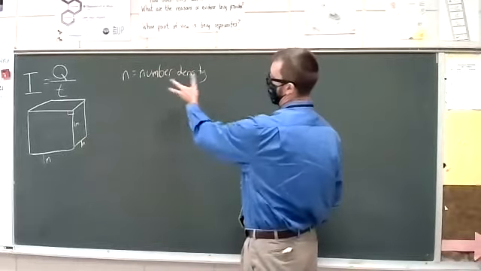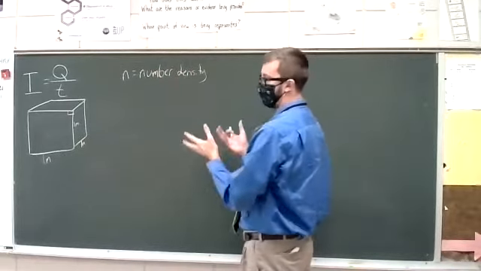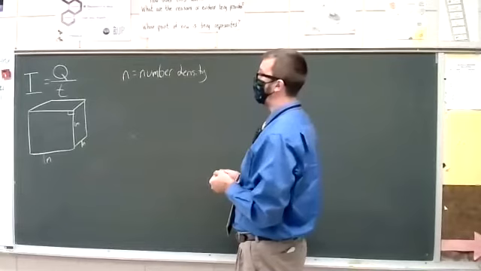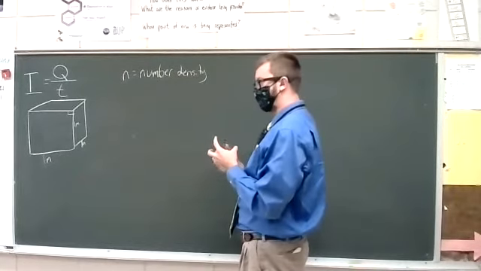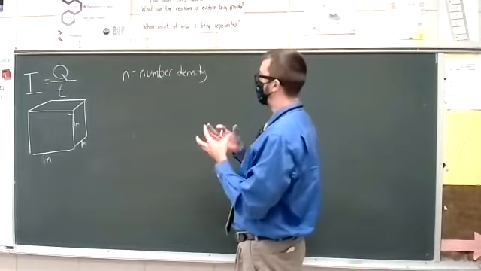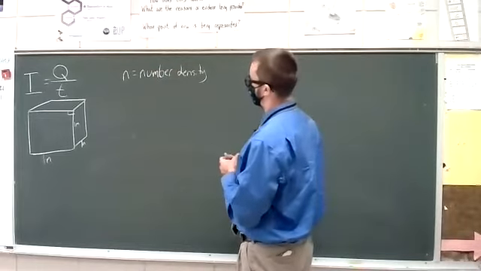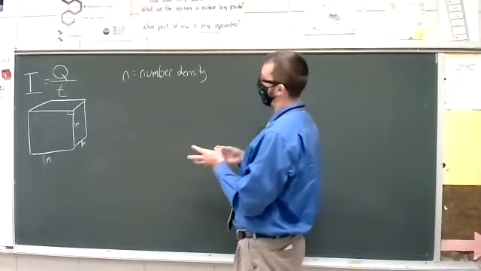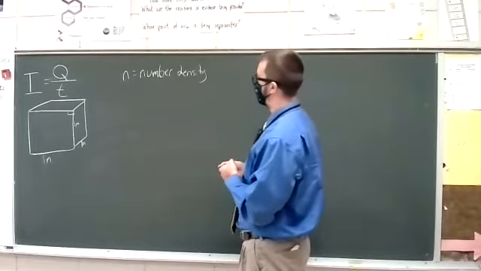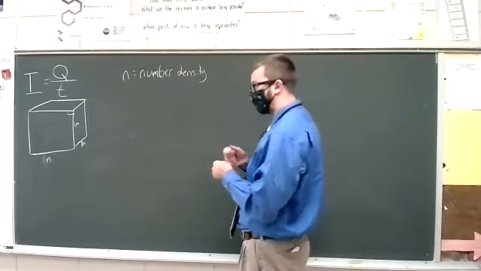And you can look up in a table the number densities for different metals. It's really a sort of chemistry idea. How strongly do the nucleons hold on to the electrons in something like a metal, where you have metallic bonding or electron pooling? So the electrons aren't too tightly held to the nucleus. They're free to conduct.